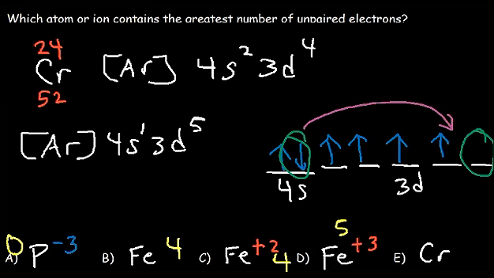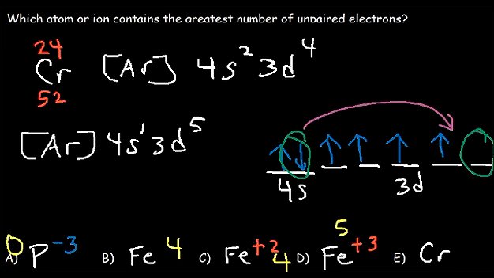The energy lost to jump to that higher energy level is compensated by the stability of being unpaired. By jumping to the 3d sublevel, it becomes more stable because it minimizes electron repulsion. And that stability gained from minimizing electron repulsion compensates for jumping to the higher energy level.